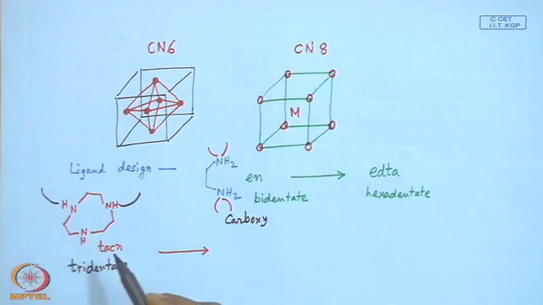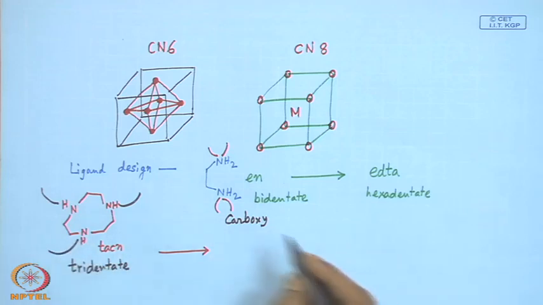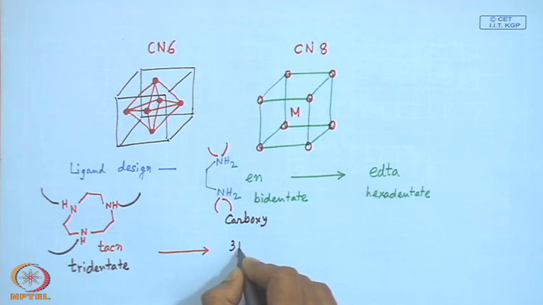Similarly, one arm from here and we can put another arm from here. So, the tridentate ligand can again become 3 plus 3, meaning hexadentate.